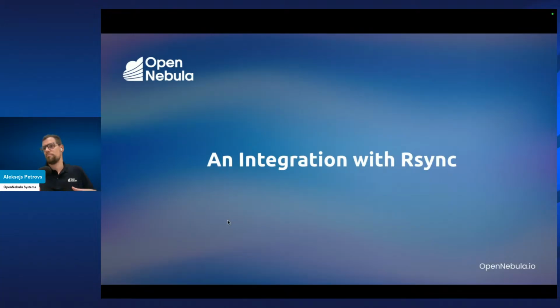Secondly, I don't want to say primitive, but it's the easiest way to start backing up your things, right? Because rsync is pretty much packed with any popular Linux distribution, not trimmed down, but anything like Ubuntu, Alma, SUSE, whatever. So rsync is pretty much always packed with it, and is part of the default tool chain.